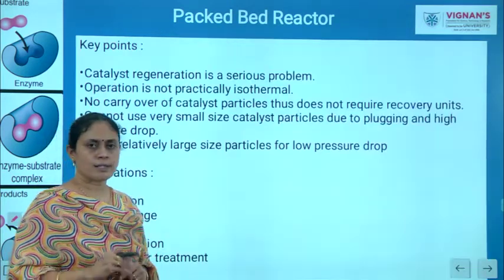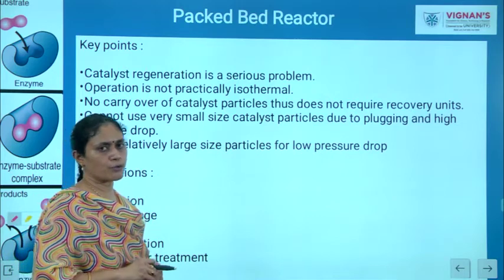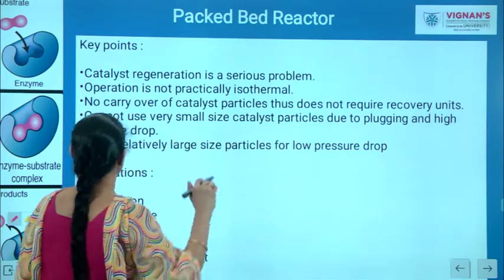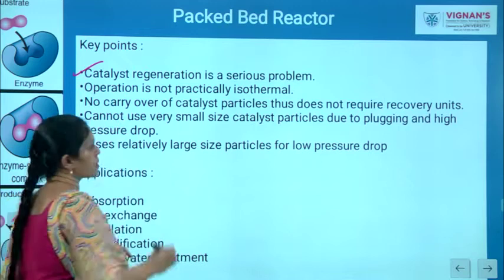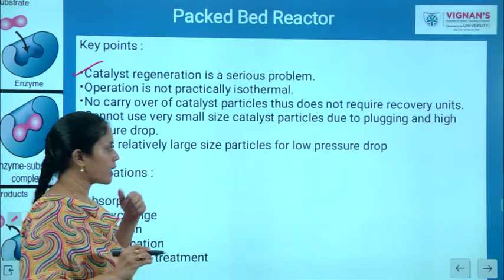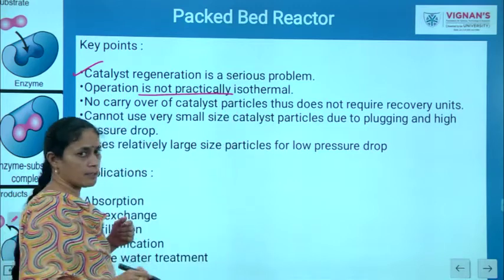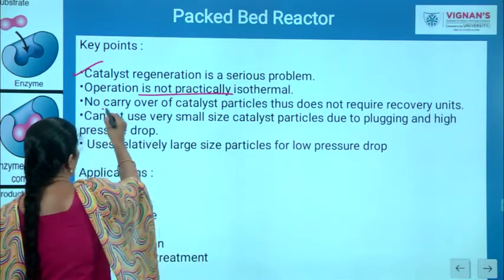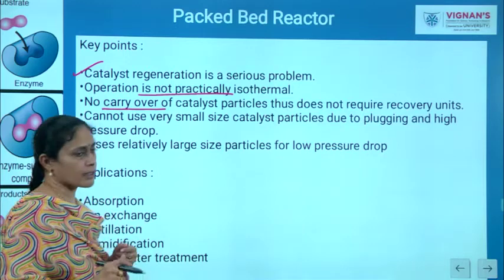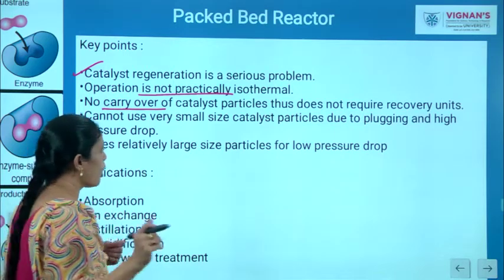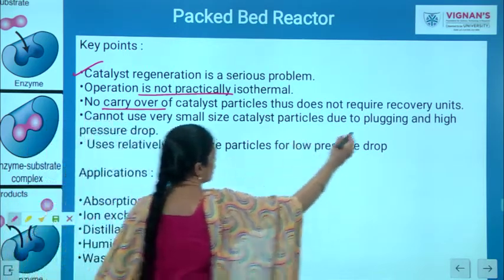Now let us discuss the very important key points of the packed bed reactor. Catalyst regeneration is a serious problem with this packed bed reactor. Operation is not practically isothermal. Moreover, no carryover of catalyst particles means it does not require a recovery unit.